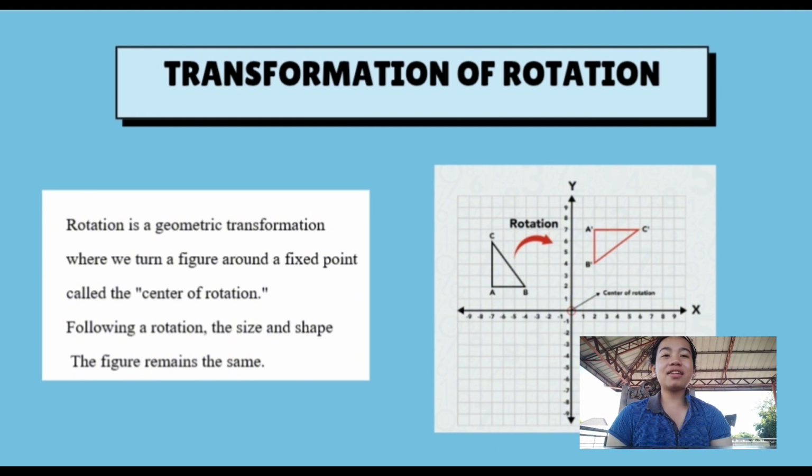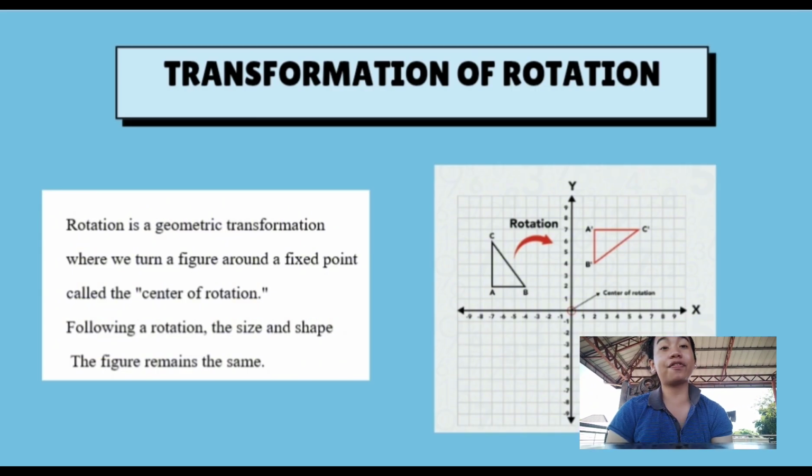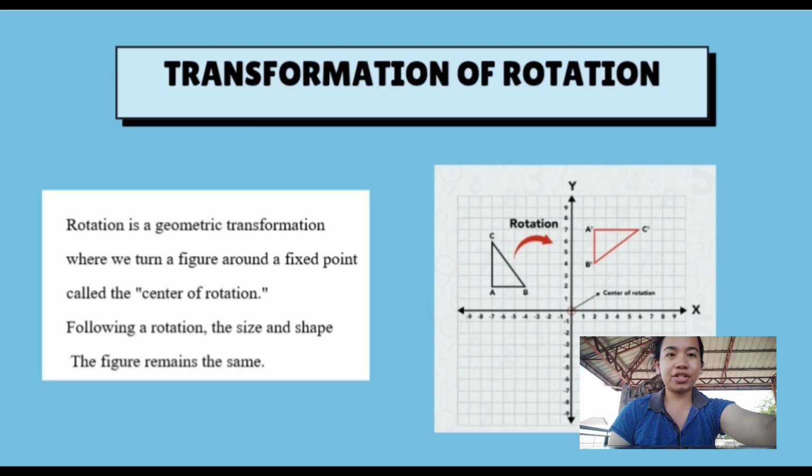So here, rotation is a geometric transformation where we turn a figure around a fixed point called the center of rotation. So if there is a line of reflection for reflection, there is also a center of rotation when it comes to the transformation of rotation. Following a rotation, the size and shape of the figure remain the same.